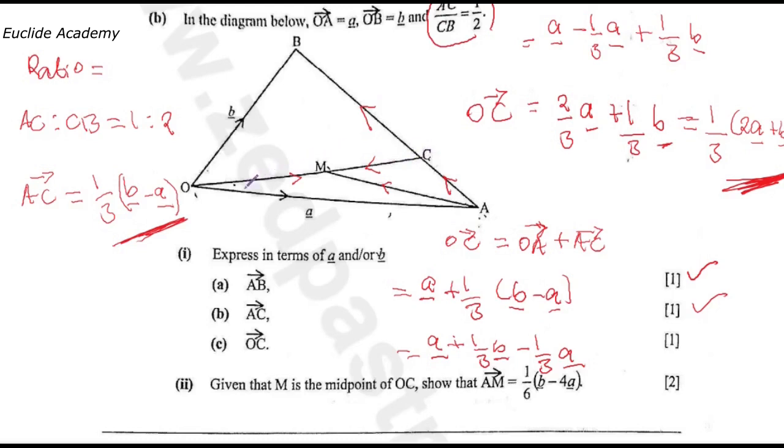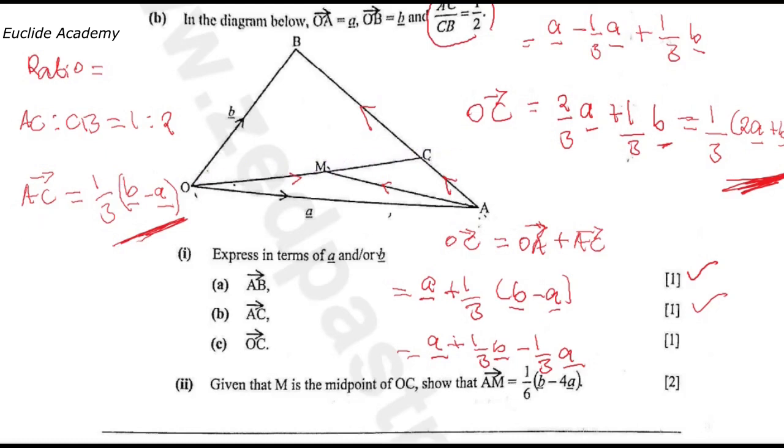I hope that doesn't sound really complicated. What we have to do is first find the vector MC, because as it stands now, it's pointing in this direction. If we find the vector MC, it's pointing in this direction.